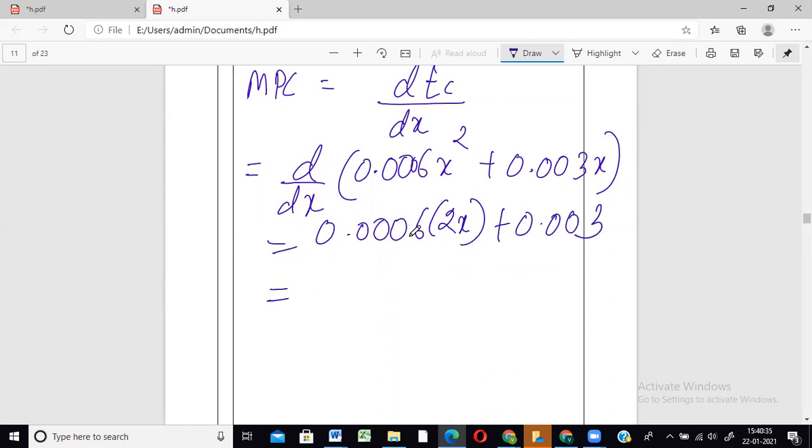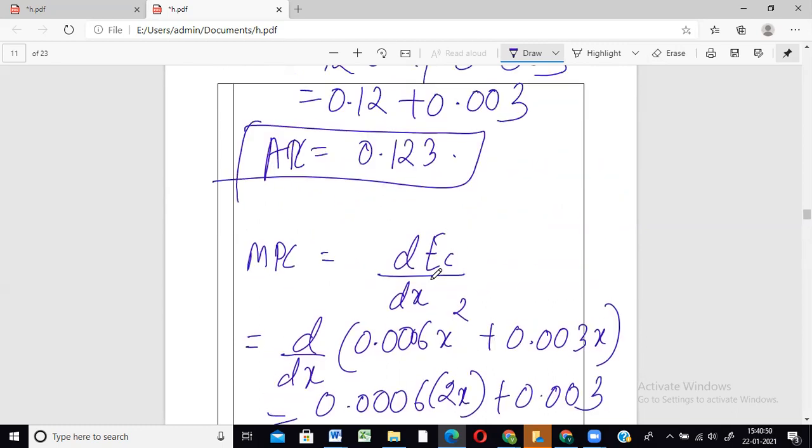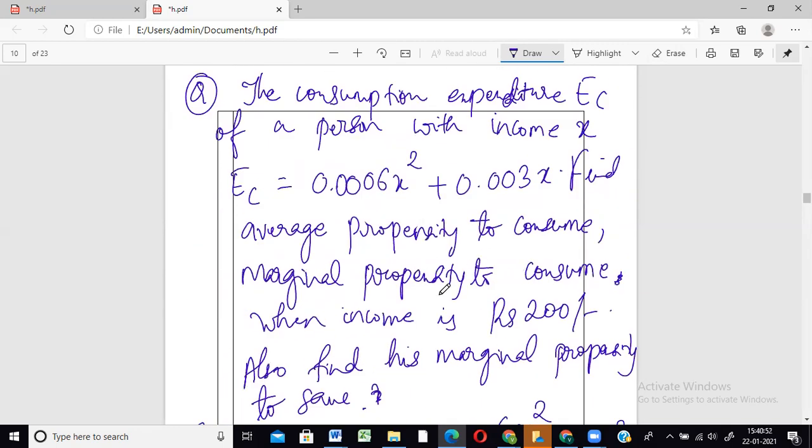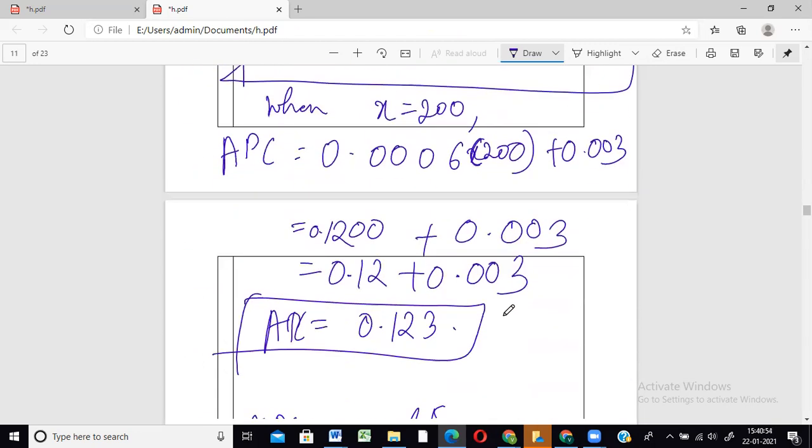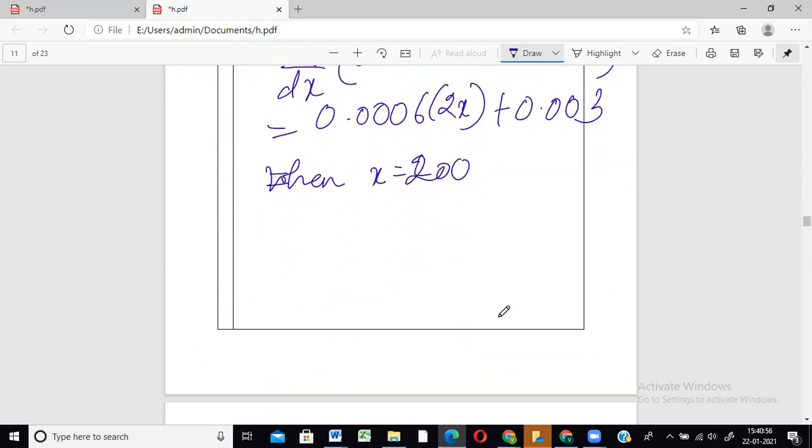So again, when you're multiplying it, you can either multiply this out or do something else, because this is not going to be the final answer, right? They're telling you to find this value when x is equal to 200. So they're telling you to find the marginal propensity to consume when income is 200 rupees. So this again we'll do.